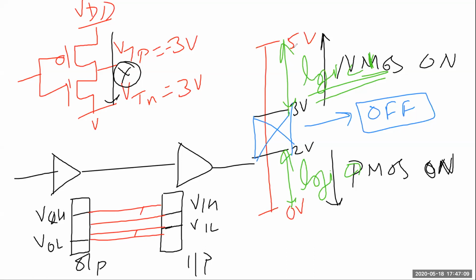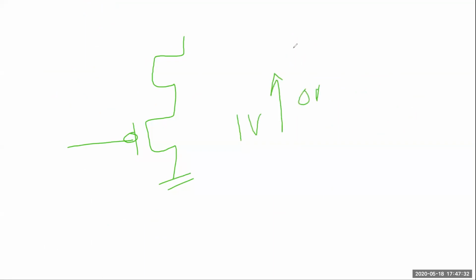Basically, I'm just talking in terms of whether NMOS is on or NMOS is off. If I see from this, my NMOS is on. Whenever my NMOS is on, I will say that's my logic 1. Now if it is on after 1 volt, then I will say after 1 volt is my logic 1.